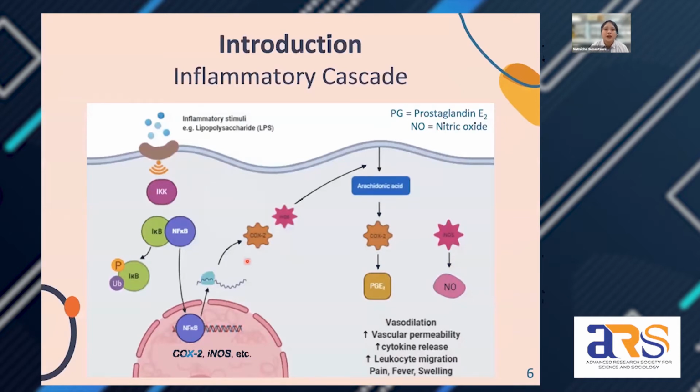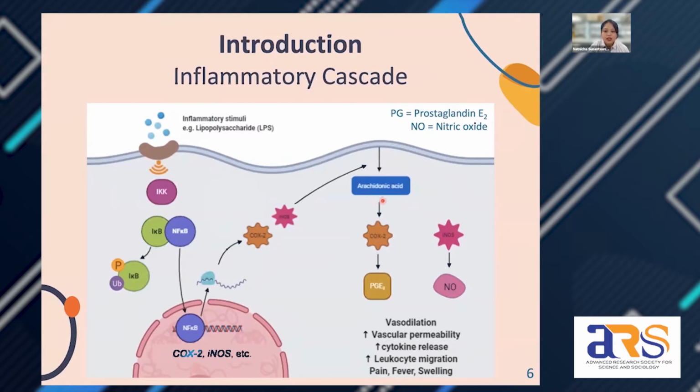When we talk about anti-inflammation, we need to talk about the inflammatory cascade, which starts with inflammatory stimuli such as lipopolysaccharides or LPS. The stimuli trigger the inflammatory signals through the NF-kappa-B pathway to express inflammatory genes, especially COX-2 and iNOS, which are the critical enzymes for inflammation.